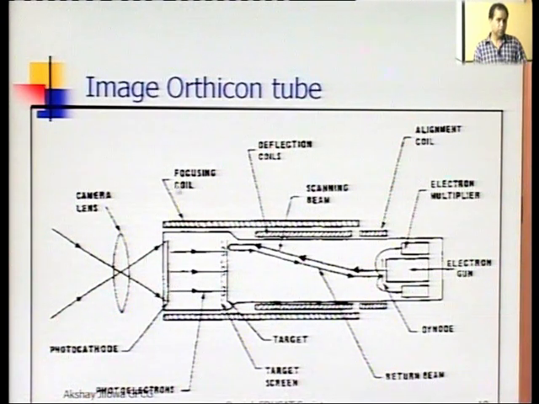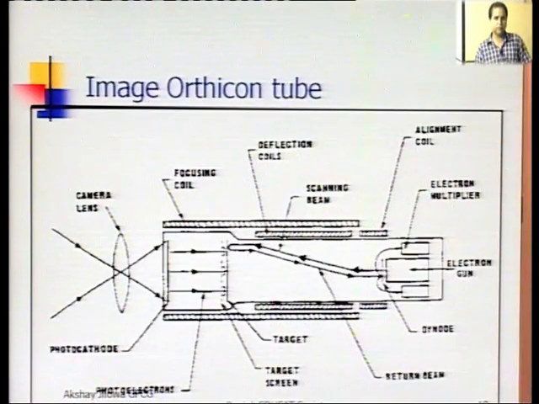Then we have the focusing coil. The purpose of the focusing coil is to keep the electron beam focused on the target screen. As we know, the electron beam is a cylindrical type structure, since so many electrons are liberated from the electron gun and travel in the shape of a cylinder.